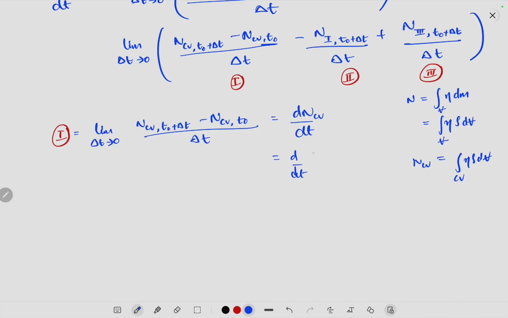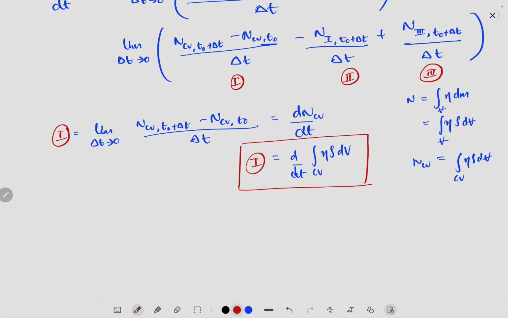So we got term 1 equal to d by dt of the integral over CV of eta rho dV.